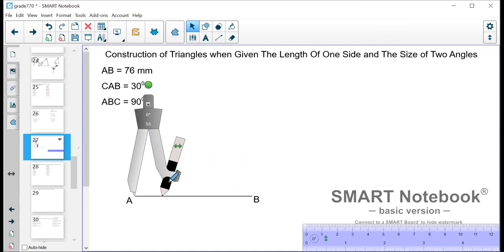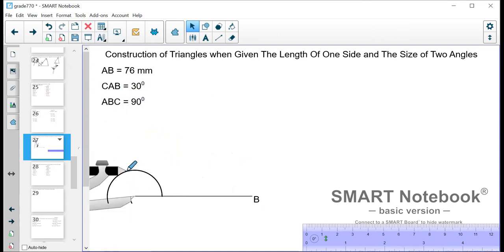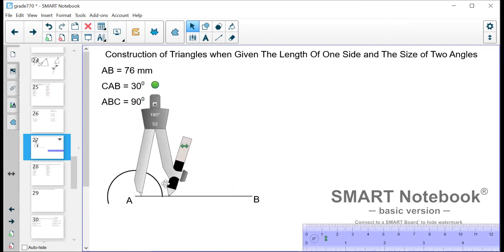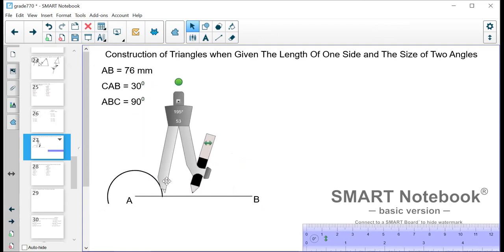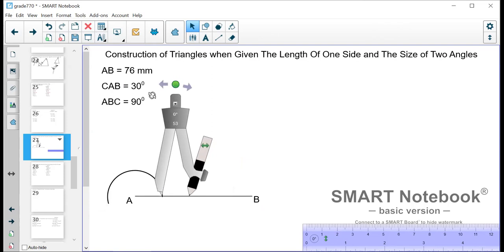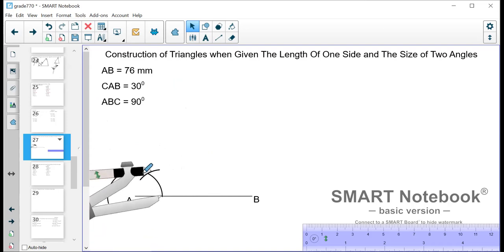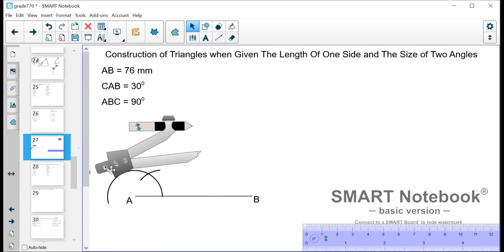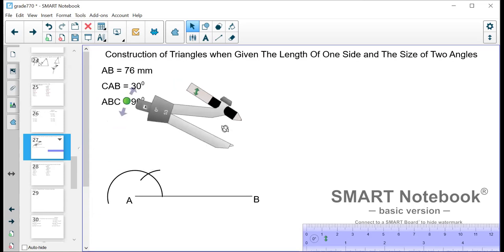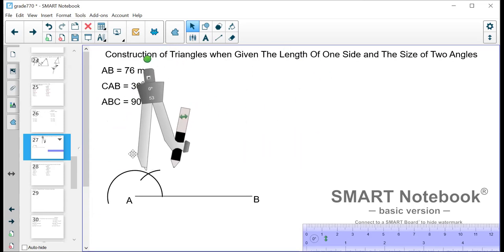Everybody should have an idea how you construct this 30-degree angle, right? If you don't, then this here is a reminder. Of course, I will not go through it step by step. I'll just show you how it's done. That will be 60 degrees, and if you want to find 30, that is the half of 60.